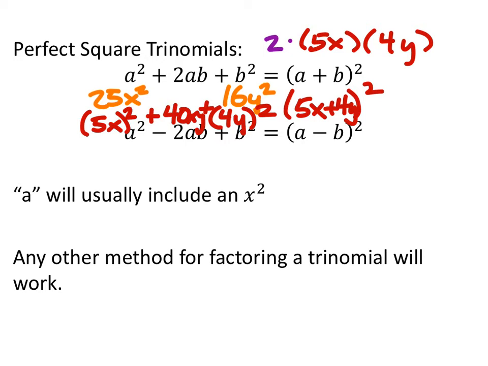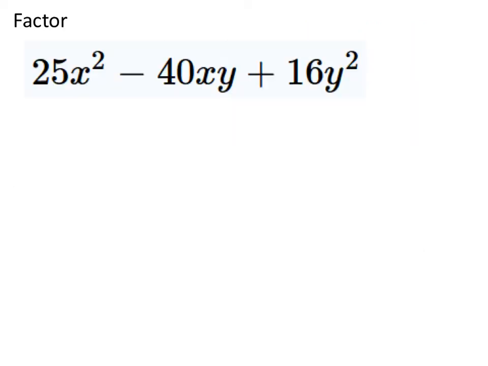This is pretty much true always for all of our perfect square trinomials. Even if they look like binomials, we're going to be changing these into trinomials anyway. So this one takes on a different form, a squared minus 2ab plus b squared, since there's subtraction between the first and second terms.